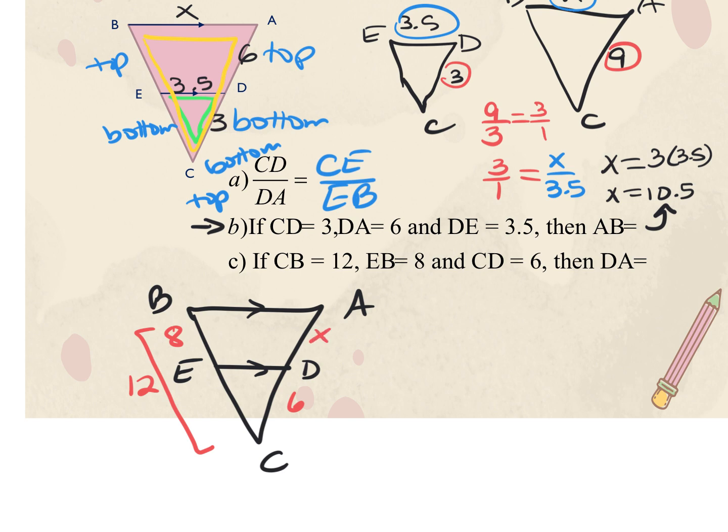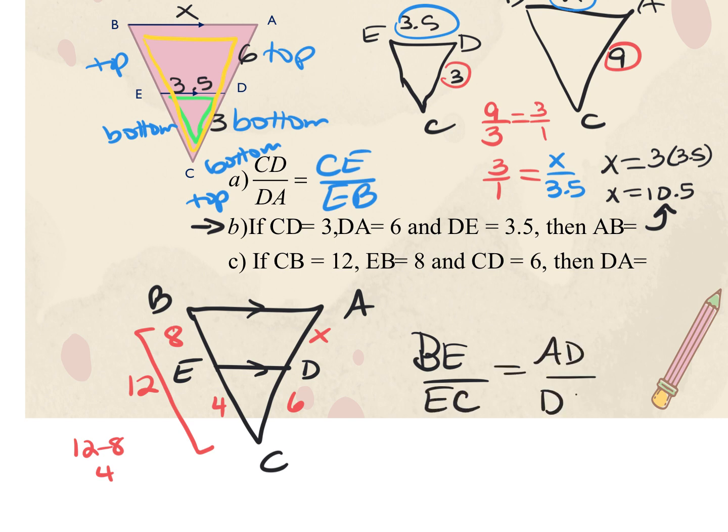So for this one, part C, I could use my proportionality theorem. In order to find EC here, I can take 12 and subtract the 8, and this little piece is 4. So now I can use my proportionality theorem and set this up as BE over EC is equal to AD over DC.